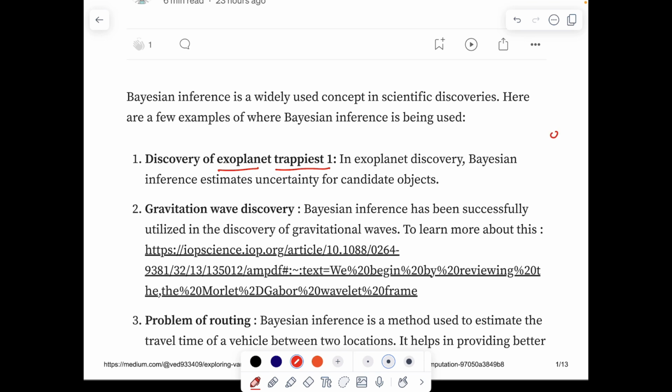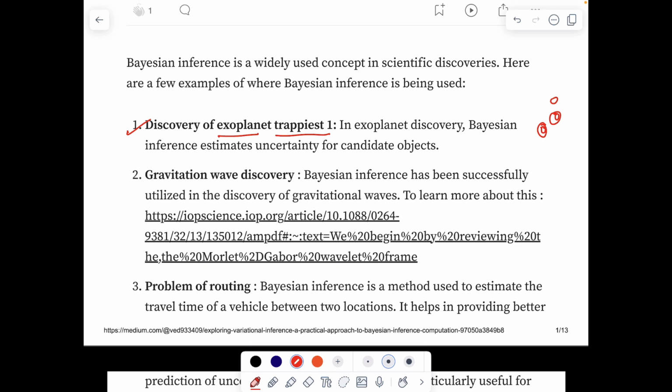We have a lot of candidate objects that can potentially be a planet, right? So Bayesian inference is used to provide the estimate of how much probability a candidate object has of becoming a planet. This is how Bayesian inference has been used.